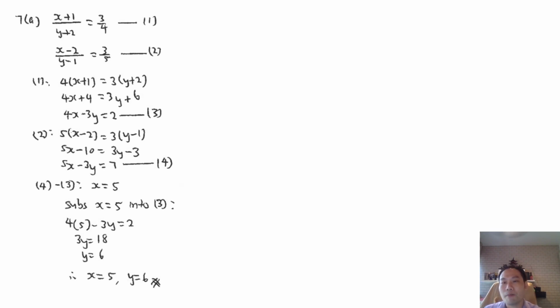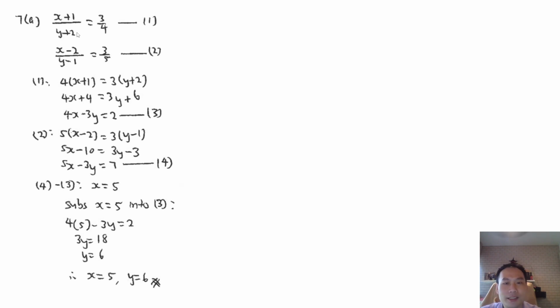Mathematically, what's actually happening is we multiply by the multiple of the denominators. So if you take a look at equation 1, we have x plus 1 over y plus 2 equals to 3 over 4, right? To get equation 3, which is the form that we want, I'm actually multiplying by 4y plus 8. Where do I get 4y plus 8? Actually, it's 4 times y plus 2, the multiple of the two denominators.